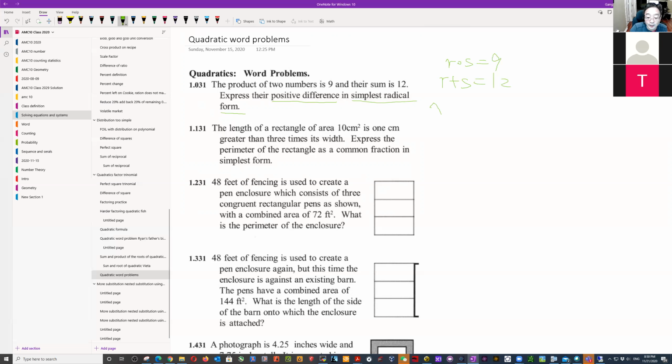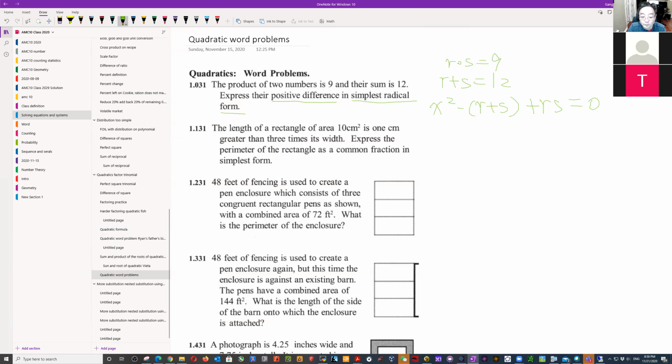So I can say that if there is a quadratic that will yield those results, it has to be x squared minus (r plus s) x plus rs equal to 0.